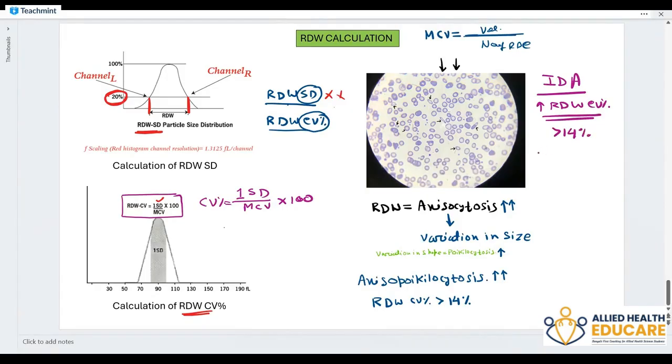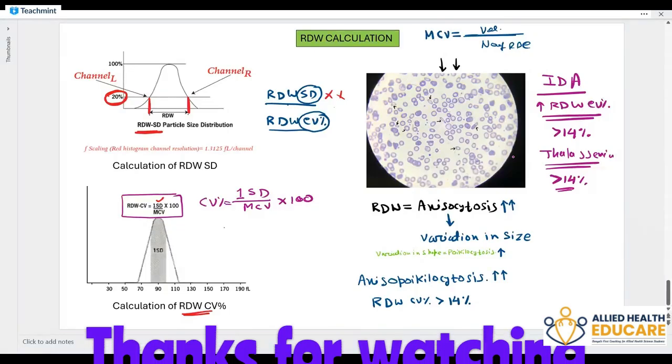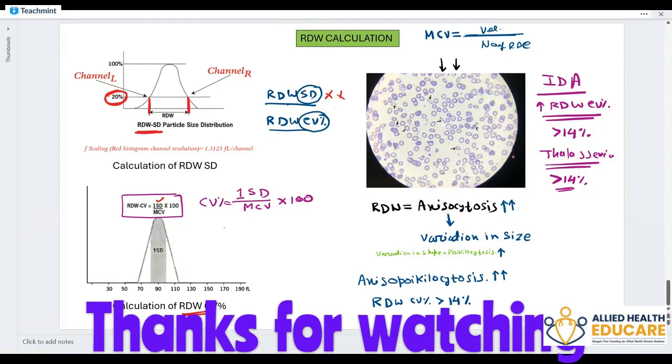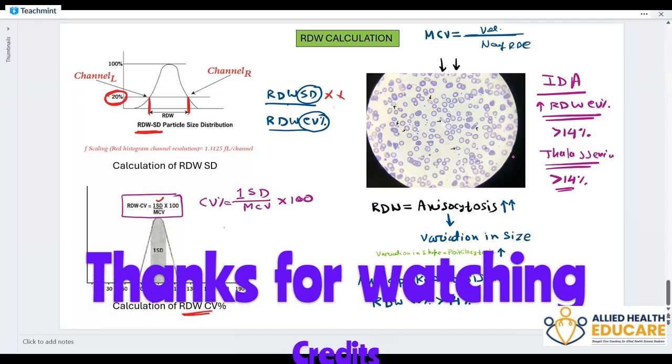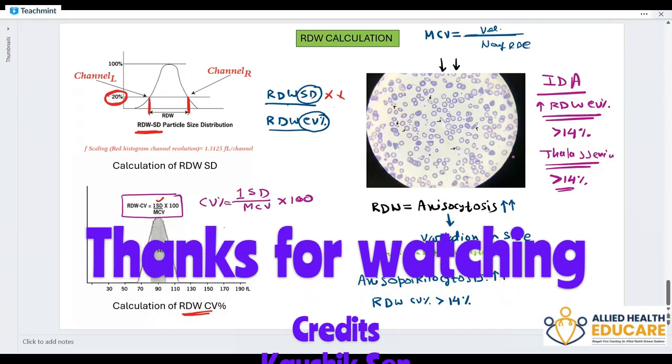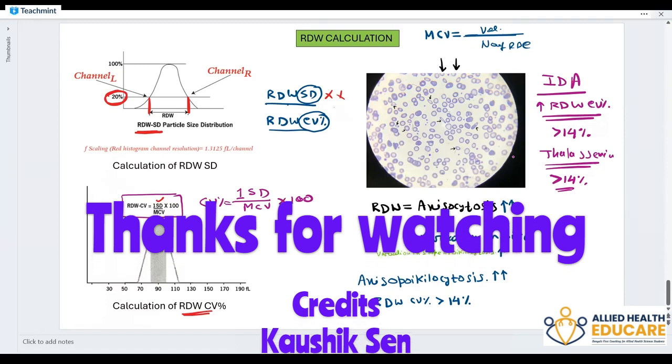Sometimes in case of thalassemia, it also becomes very high and goes beyond 14%. So this is the use of RDW CV percentage value. In the diagnosis of different types of anemia and different conditions, we have to use the RDW CV percentage. And sometimes for research purposes, we may use the RDW value.